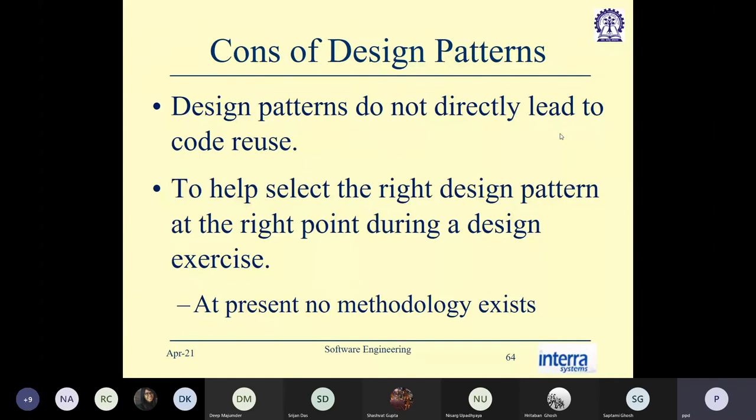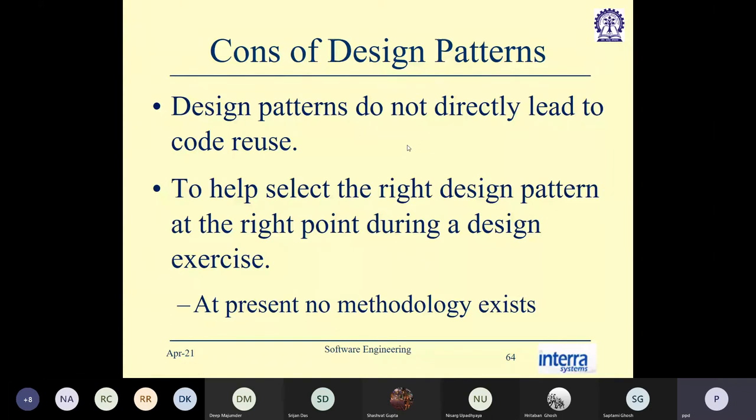Some of you may have discovered it already, but keep this in mind: design patterns, or design reuse, tell you prescribed good things for recurring problems, the recurring solution and their consequences. So it helps to select the right design pattern at the right point during the design exercise. Unfortunately, this last line is true: there is no formalized methodology which can do this.